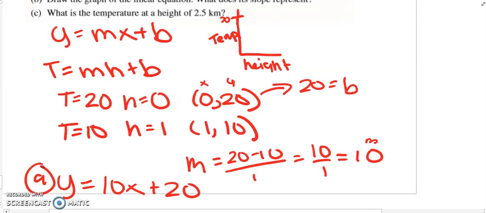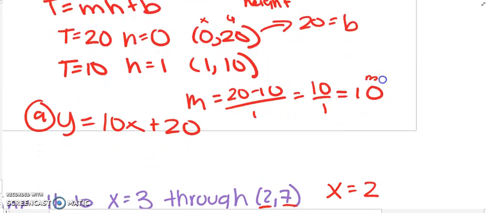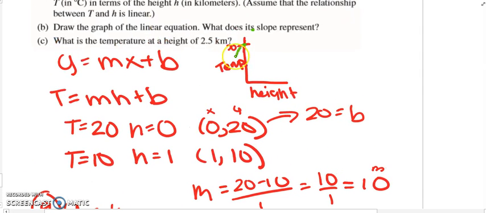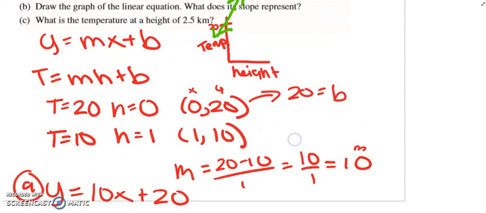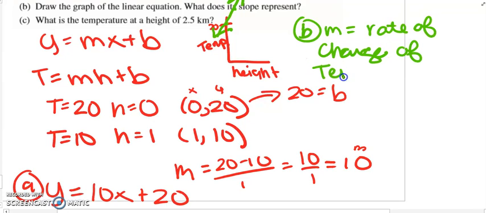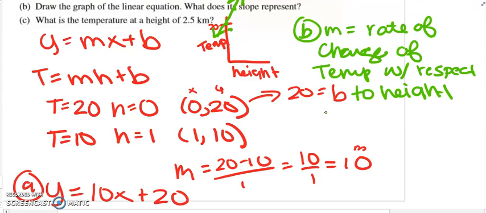Part B says draw the graph of the linear equation. What does slope represent? So the graph, I kind of started here. It starts way up at 20 and then it goes up 10 over 1, so it's going to be super steep. And what does the slope represent? Well, slope is the rate of change. In this case, it was the temperature with respect to height, or the distance above ground.